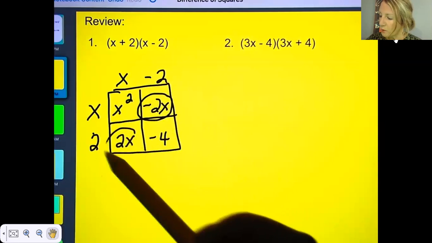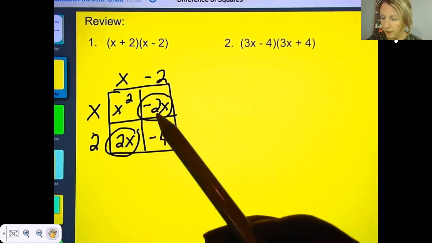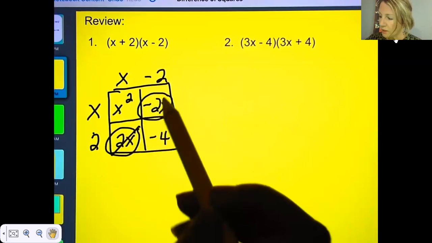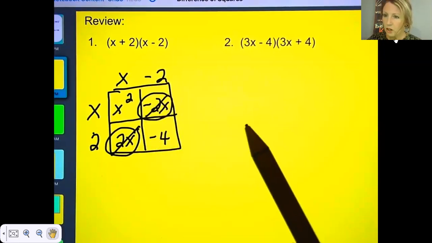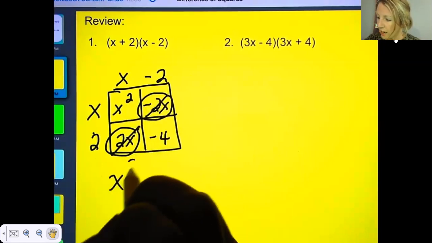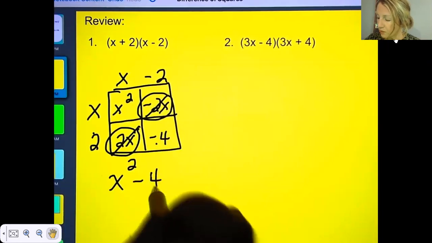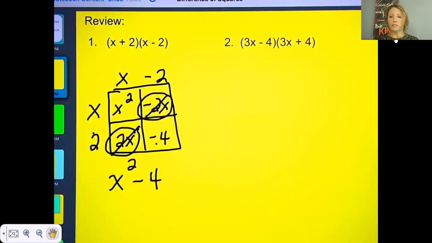So now when we go to combine these two terms, 2x plus negative 2x, or 2x minus 2x, those end up equaling 0. So you're always going to only be left with the first term, x squared, and then minus 4. So this is why when we have difference of squares, there can only be two terms.